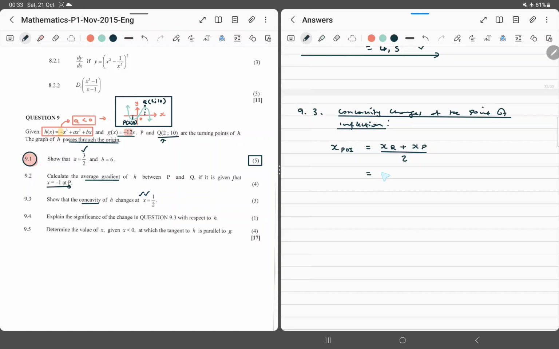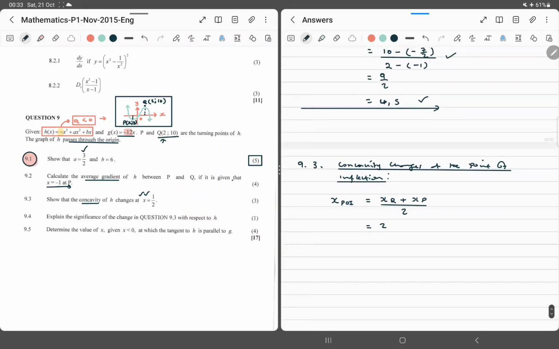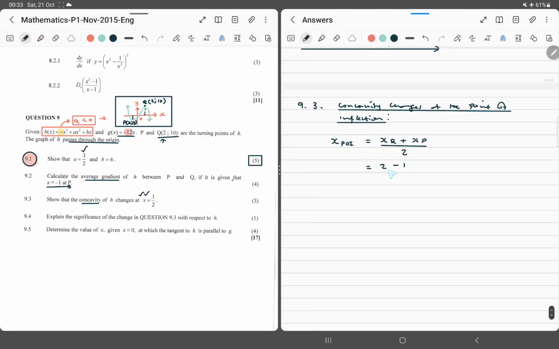This is easy. X at Q was 2. This one, what did we get? Minus 1. It was minus 1, over 2. So this is basically a half. Therefore, x at the point of inflection is a half, and we can see that it is true.